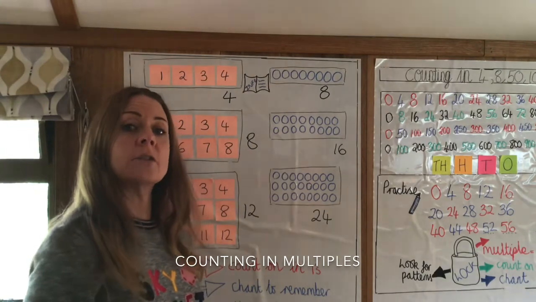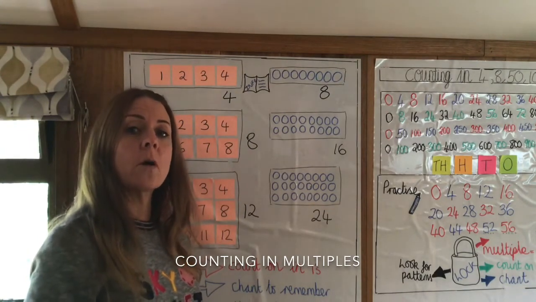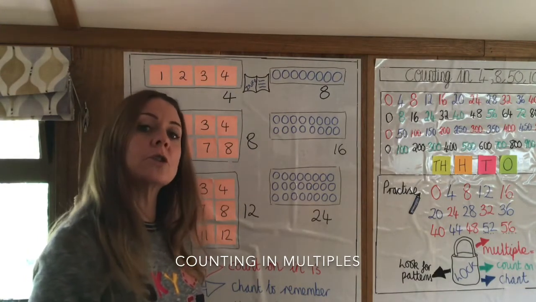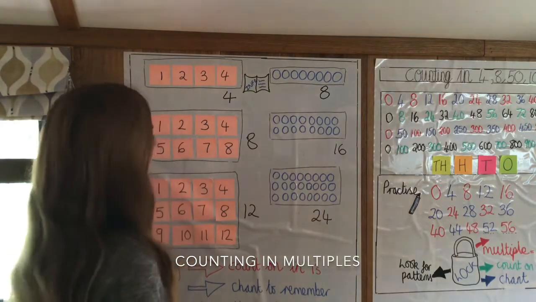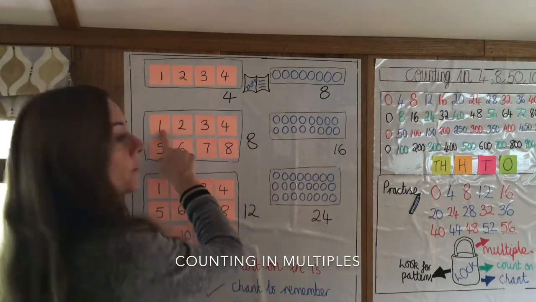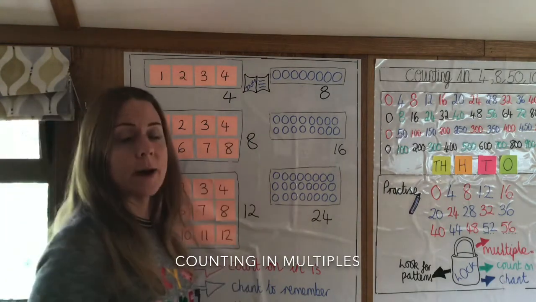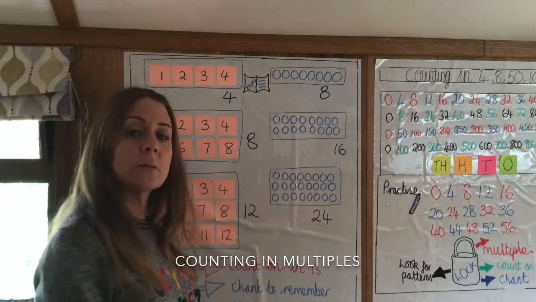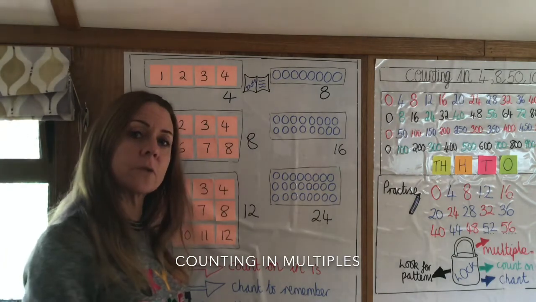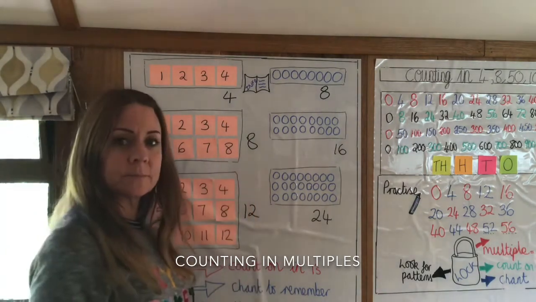And we call that 2 multiples of 4, or 2 groups of 4, or 2 times 4. In total, if we start from the beginning, we can count and see that we have 8 squares, because 2 multiples of 4, 2 groups of 4, is 8.